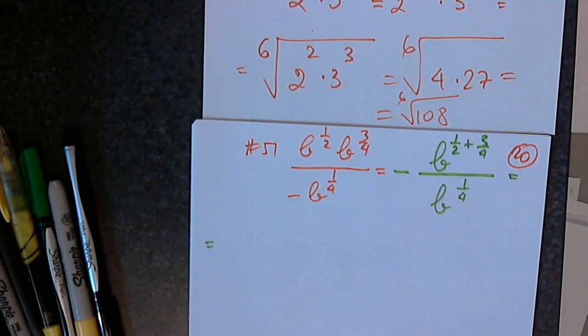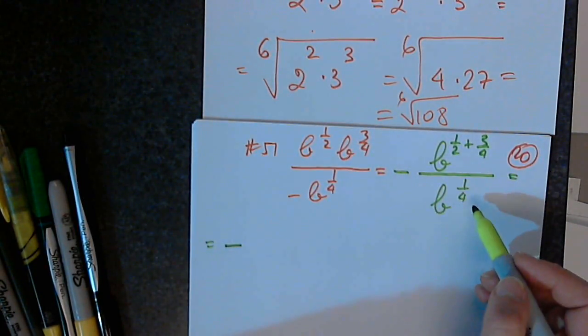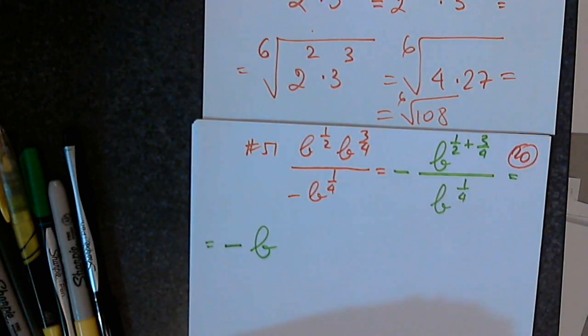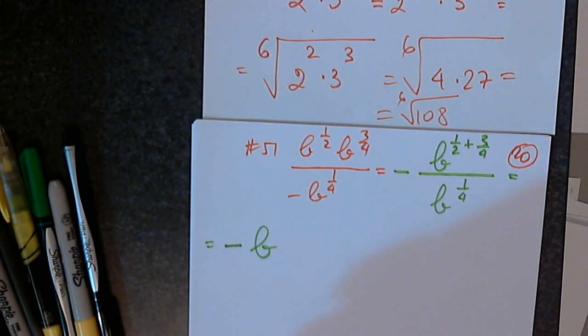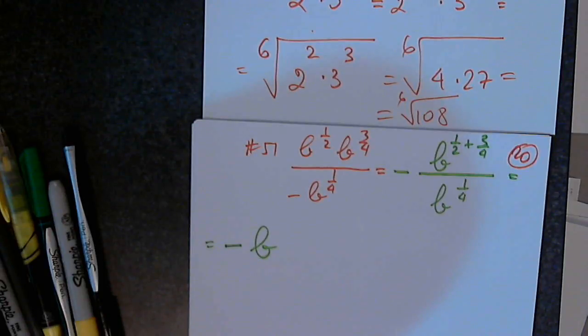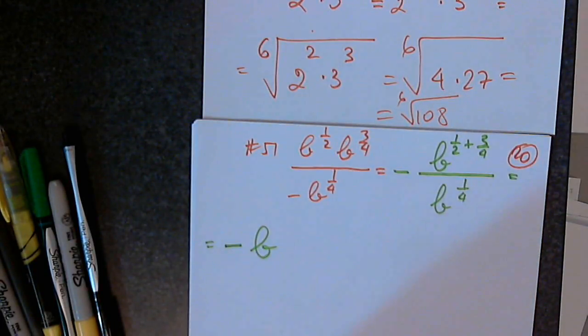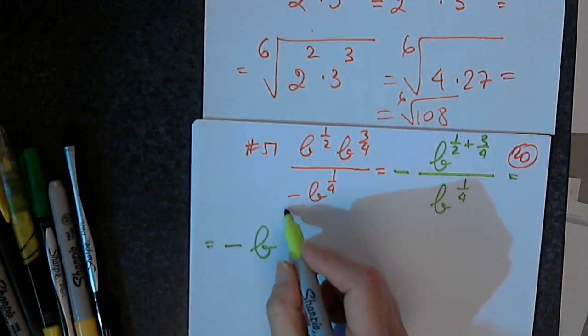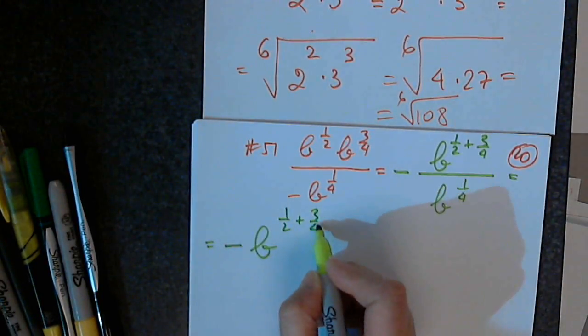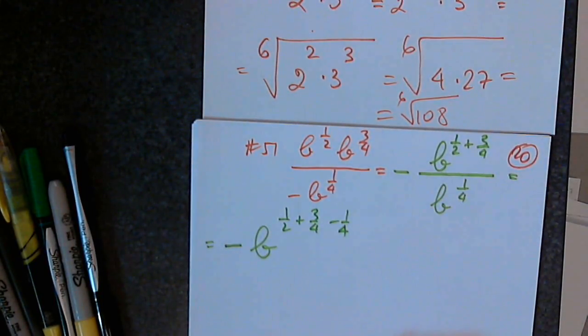I don't want to perform it just yet because I have a division now. So I copy the base, and what happens with the exponents? I want to do everything in one step, if possible. So B and 1, it's just B. So B to 1/2 plus 3/4 and minus 1/4.